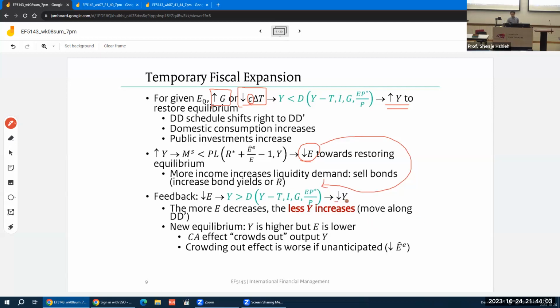And so there is a counteracting effect. You can see it. Conflicting effects here. One pushes Y upward, but having a stronger E pushes Y downward. So you get this tension from fiscal policy under flexible exchange rates. And what you get is what's called a crowding out effect, because your domestic export competitiveness has declined. And so that effect is crowding out your total output effect.